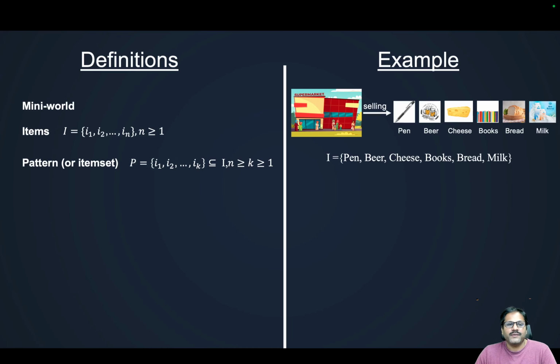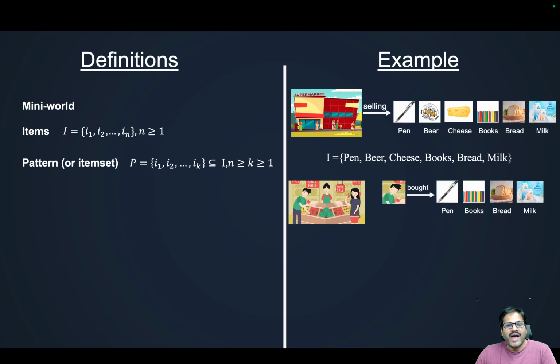For instance, if many customers are coming to the supermarket and buying the items, then a pattern represents the purchases of a customer. Say customer 1 purchasing pen, books, bread and milk.